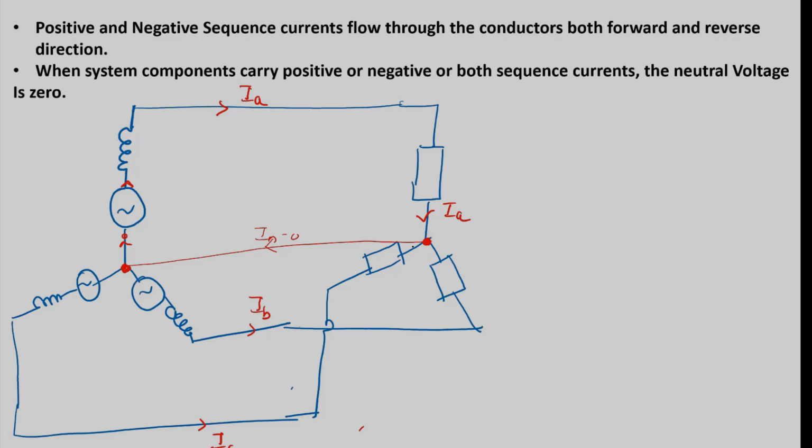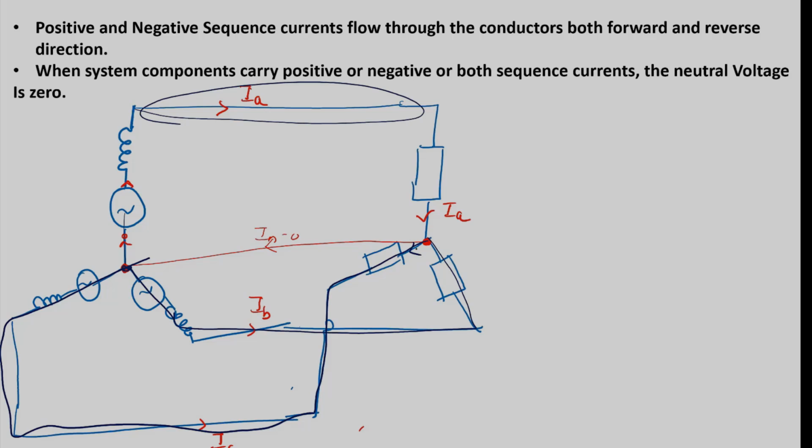That is, half of the current will come back in this fashion, and the remaining half will go to the other point. So the current in the forward direction flows through the conductors, and the current in the reverse direction, in the return path, also flows through the conductors. Similarly for IB, once it reaches here, it will return through the remaining IA and IC conductors.